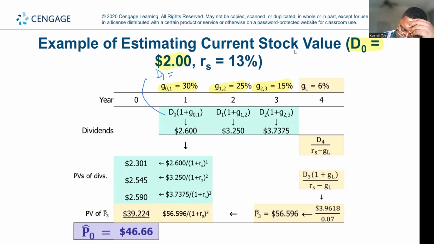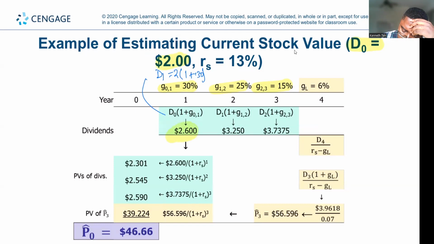D1 is going to be equivalent to D0 times 1 plus g. And the D0 is 2, 1 plus g is going to be 1 plus 0.30. And once we do that, we are going to get this.